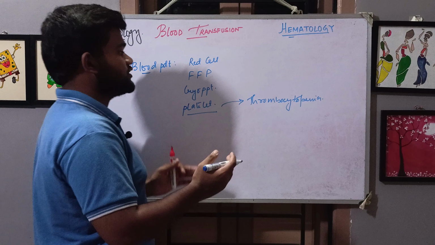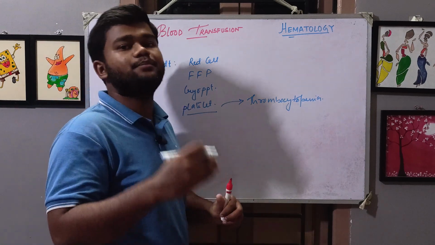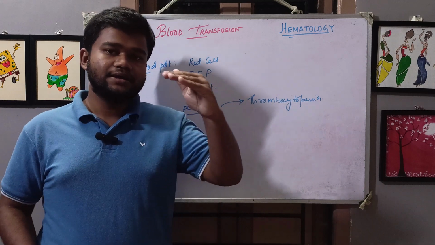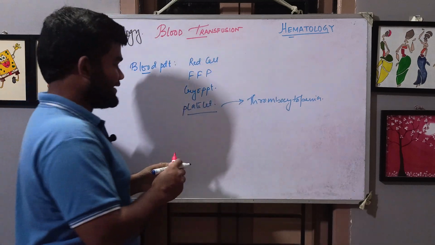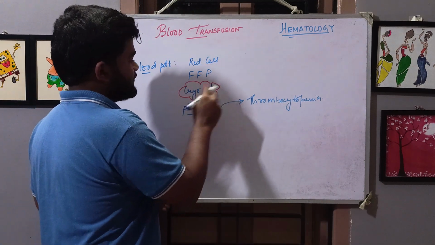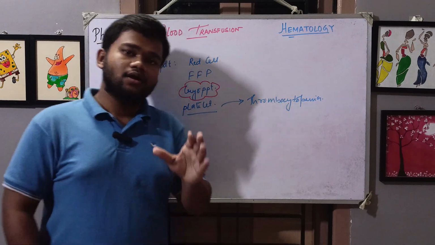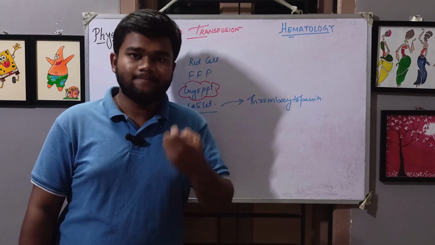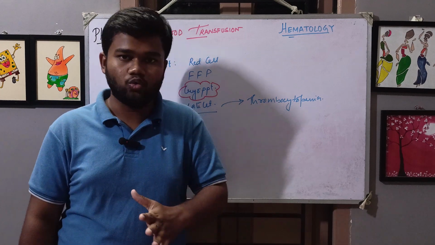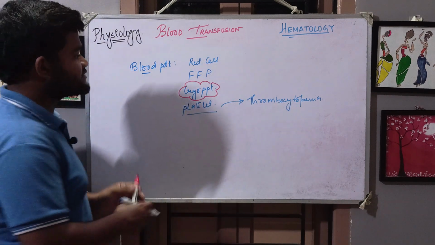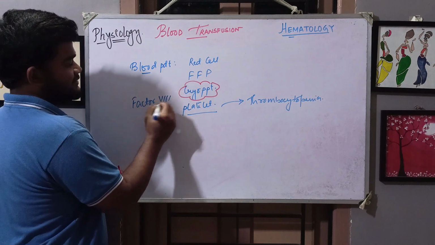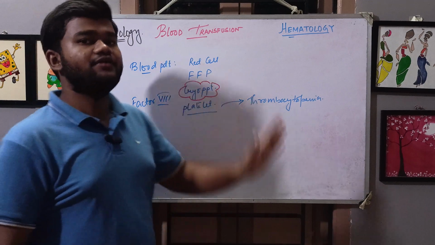Cryoprecipitate transfusion is done in case of hypofibrinogenemia, where the fibrinogen is less. In cryoprecipitate transfusion, the fresh frozen plasma is slowly thawed and the precipitate is taken out, and that becomes rich in factor 8, and that is then used and transfused.